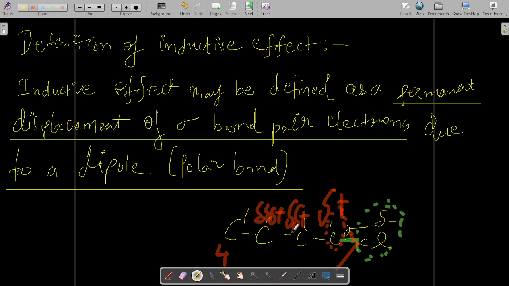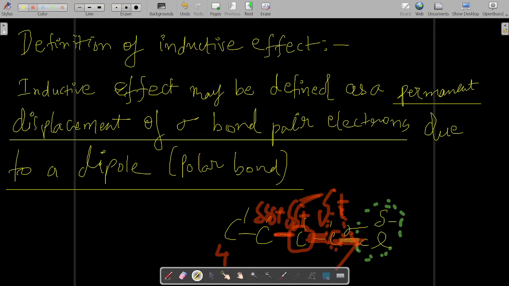Due to the polarization of this particular bond, delta positive charge has been acquired by this carbon. This delta positive of this carbon in turn polarizes the next bond, so this carbon is also polarized and will try to attract the electron cloud towards itself.